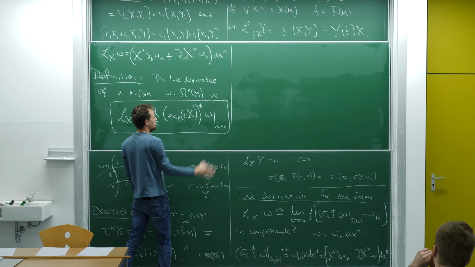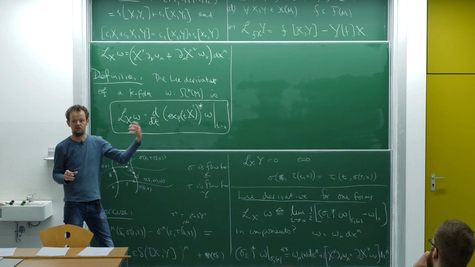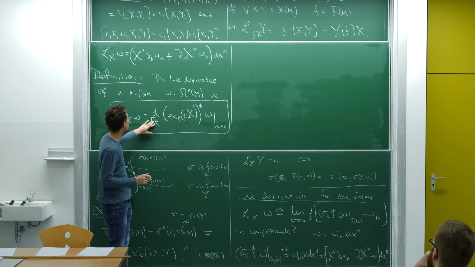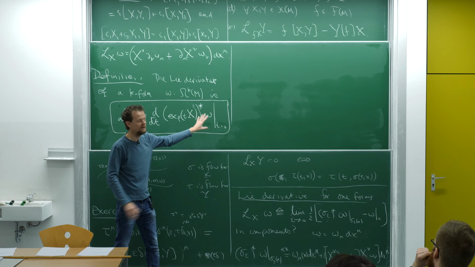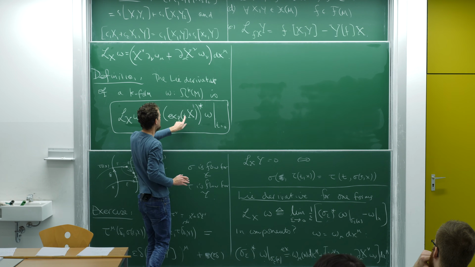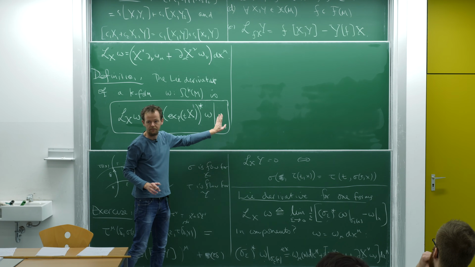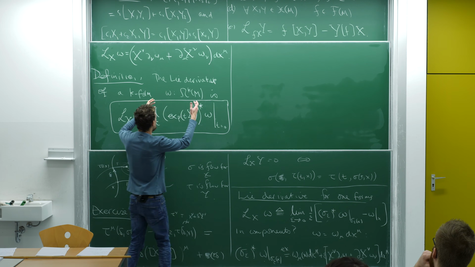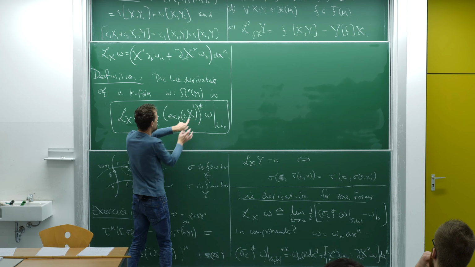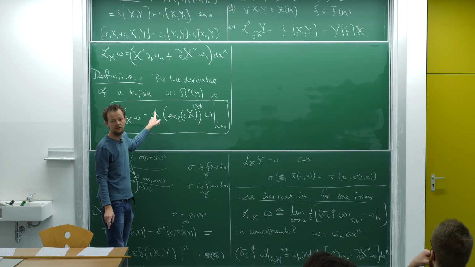You have your one form defined in two locations. So d/dt at t equals 0 is just that limiting process where t goes to 0. So you could imagine replacing this instantly with a limit of 1 over epsilon, and so on. So this is the pull back of the flow with respect to X of the K form, differentiated.